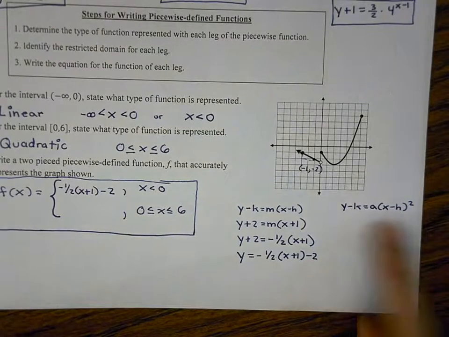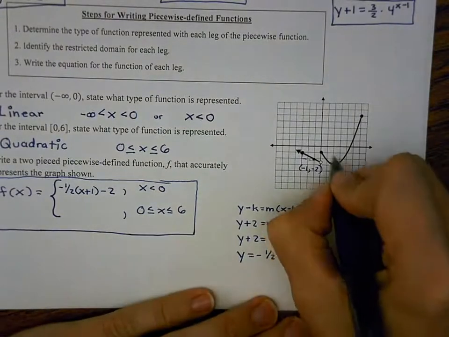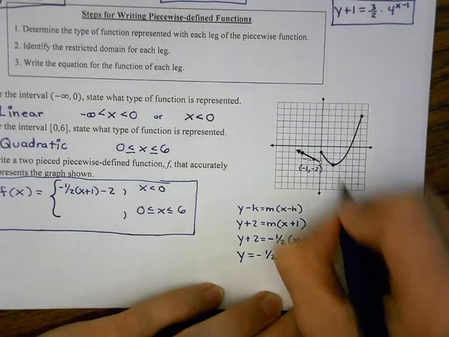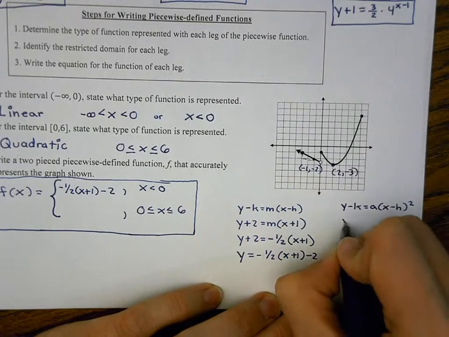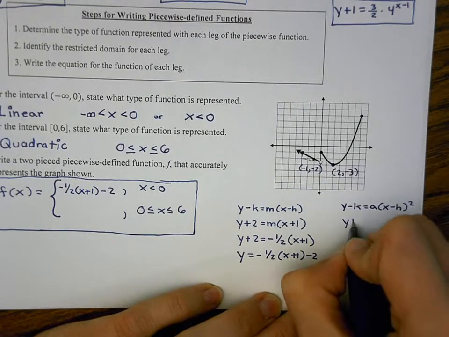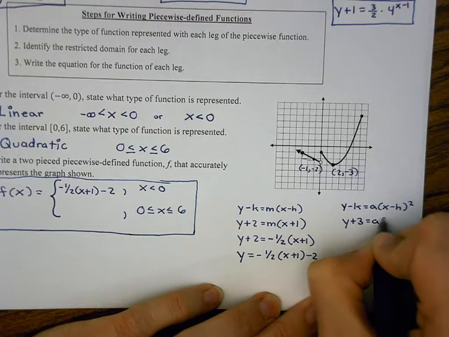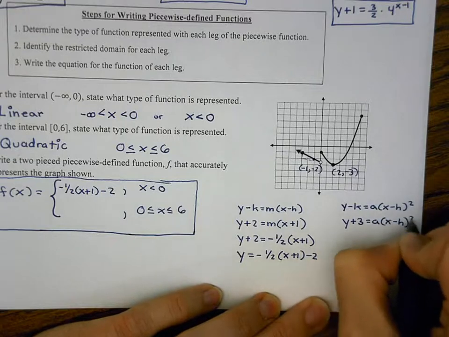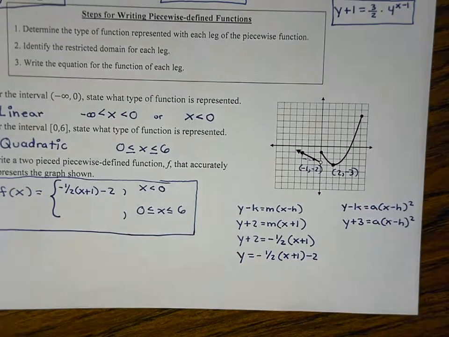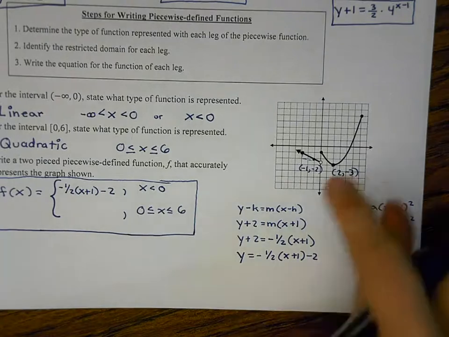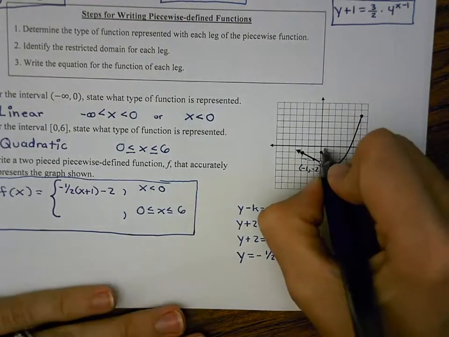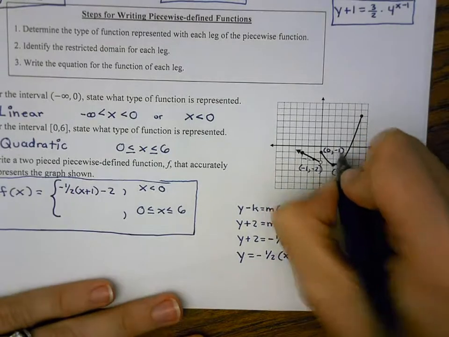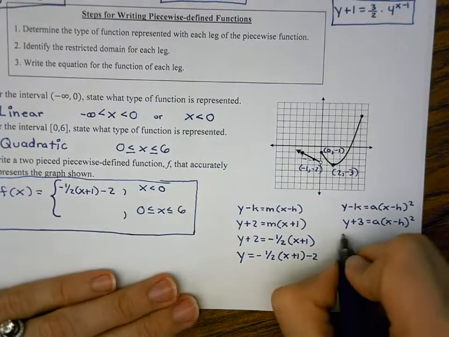My hk is at 2, negative 3. Now we need to solve for a, and so you can use either point. I'm going to use 0, negative 1 myself, just because those are smaller numbers. And then go ahead and solve for a.